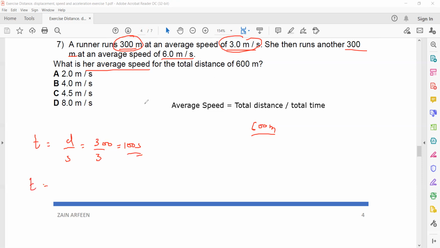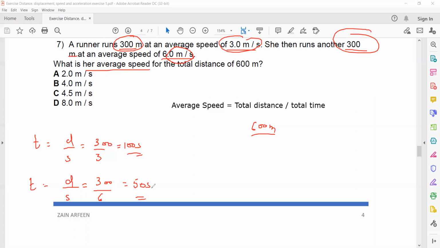What about the next 300 meters? She runs another 300 meters with an average speed of 6. Distance divided by speed will give us the time, so that is equal to 50 seconds.